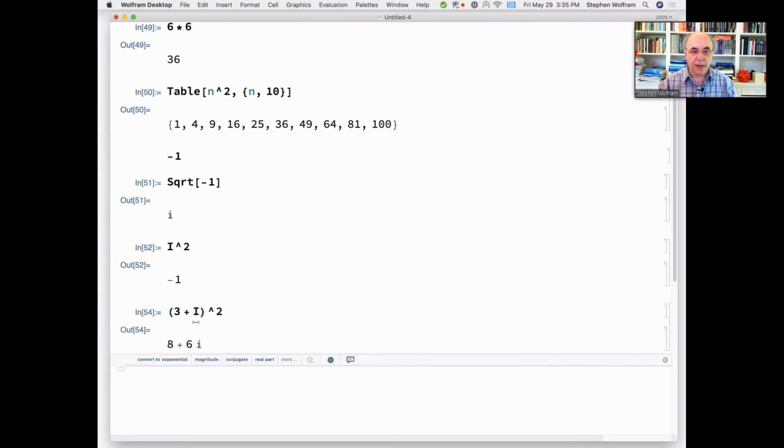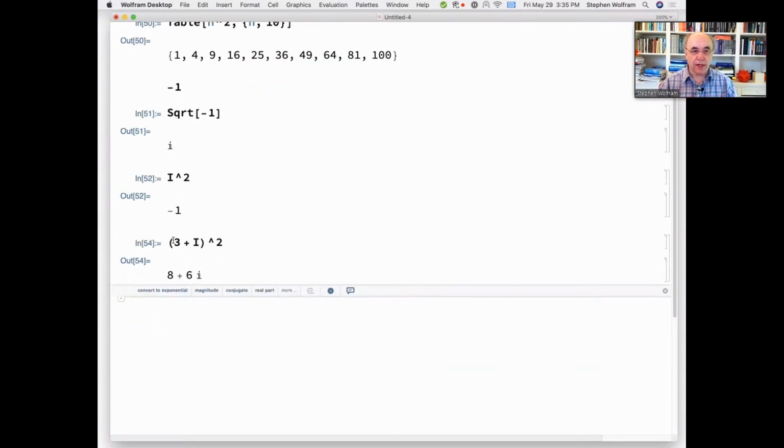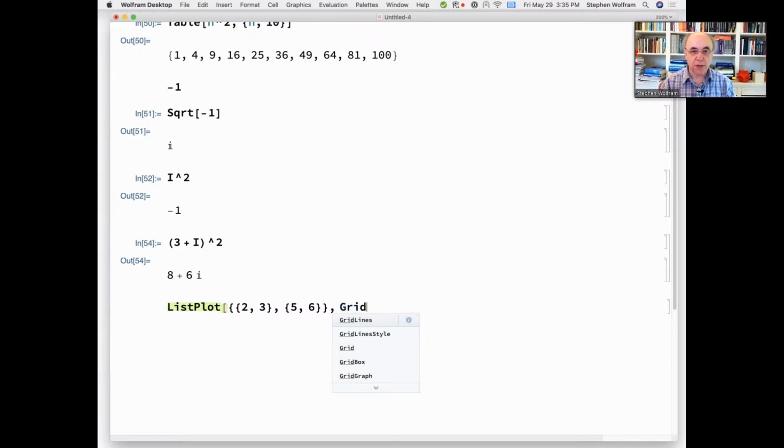We can think about that as, so we think about coordinates. Let's say we have a bunch of numbers. Let's say we have the numbers 2, 3, 5, 6, for example. We can plot those, and let's do this.